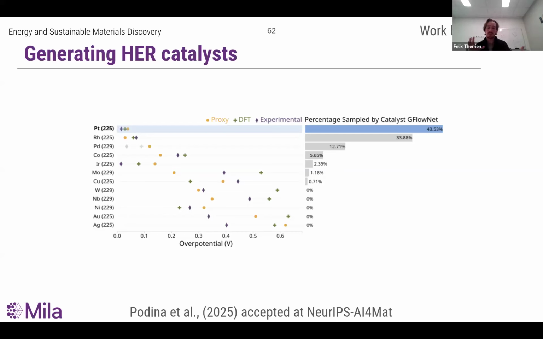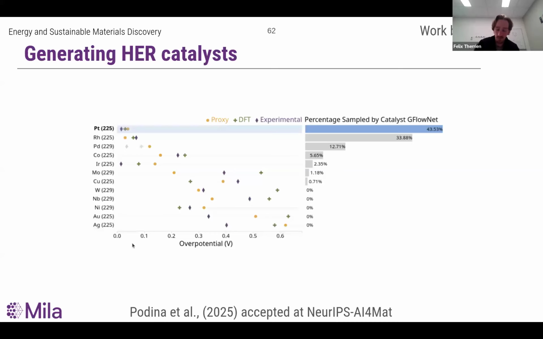So this is a proof of concept that with our algorithm, we're able to rediscover the best known catalyst within a small subspace of materials. The next steps are to first do this for OER, which is more complex, but also expand the space to one that contains new elements that might lead to more interesting catalysts that, for example, are maybe cheaper than platinum.